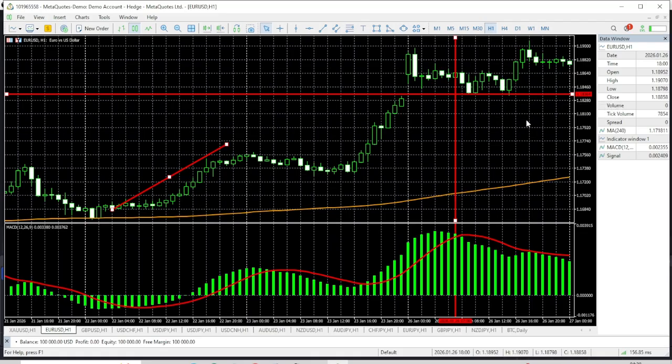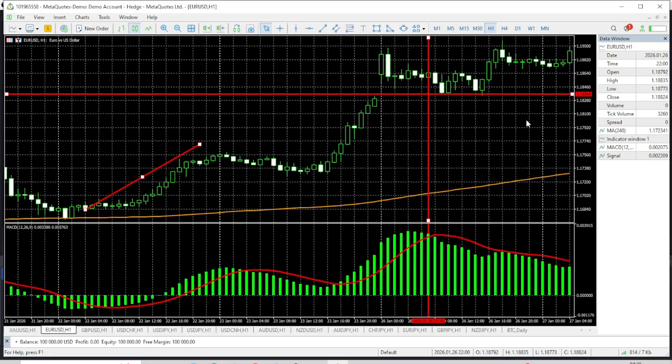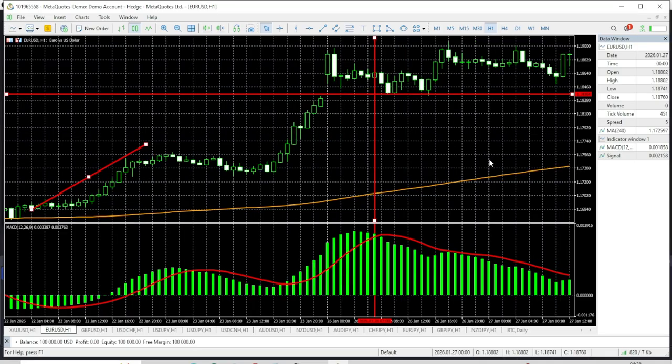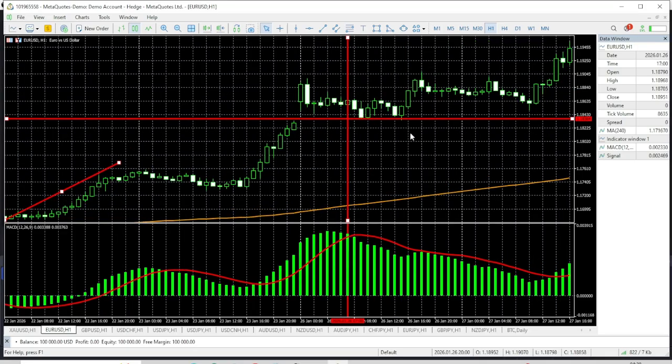So meaning that with best exit, we are still in the market, even with better exit. In this case, we are still in the market, and the histogram bars keep forming below the signal line. We are still in the market, and this is the next opportunity.